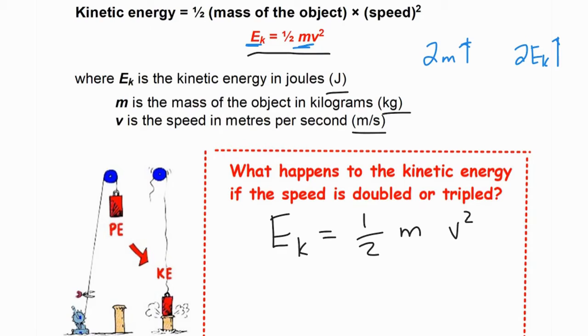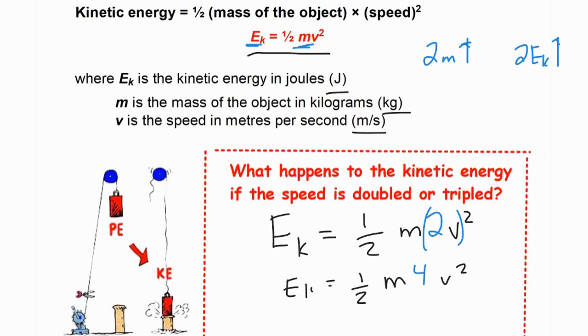If the velocity changes though, because velocity is squared, that relationship is different. If I were to double the velocity, so this is 2v, I would have EK equal to 1/2 m, and now this is 2 squared, so that would be 4v squared.